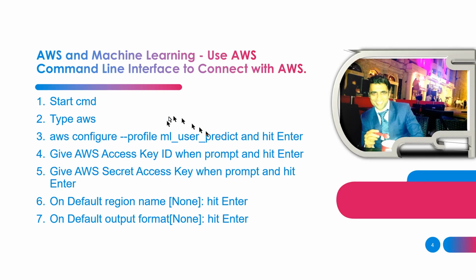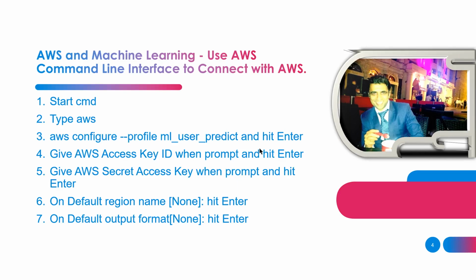So I have made one more user like this, with _predict_temp added. My user will be ml_user_predict_temp, while you can use the original user. I'm doing this just to keep the access key ID and secret access key hidden from YouTube and the world.